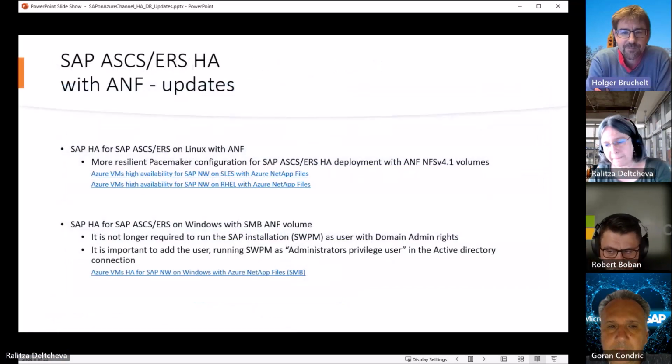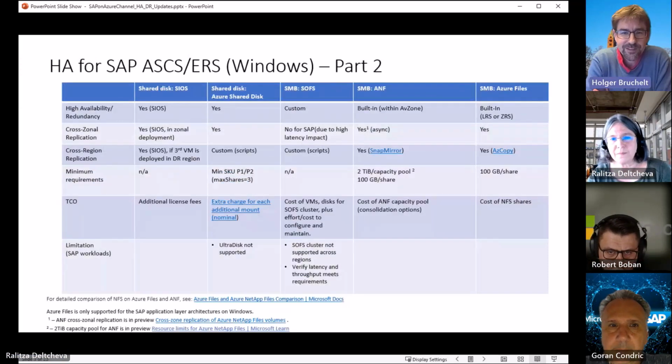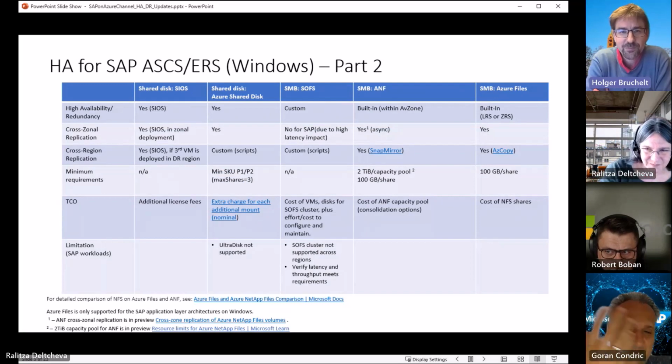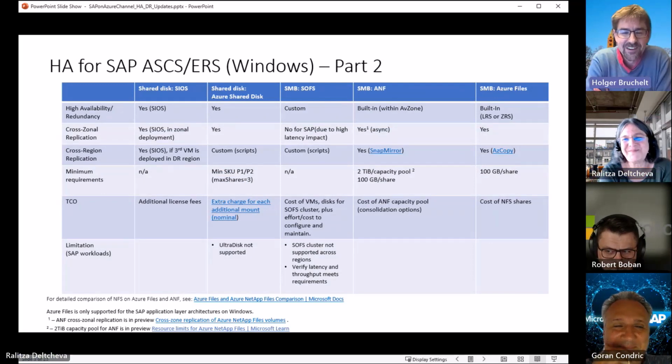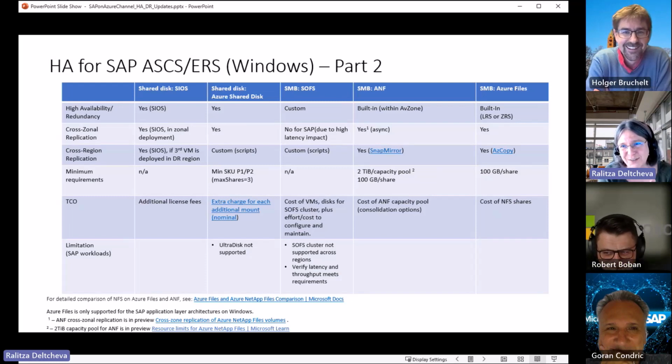So Ralitza, running this on Windows or running this on Linux? I mean, if I ask Goran, the answer is very clear what he would prefer. But what do you prefer, or what do you see with customers? Well, I actually answered this question the following way. Choosing a distro or choosing an operating system is almost like a religious war.